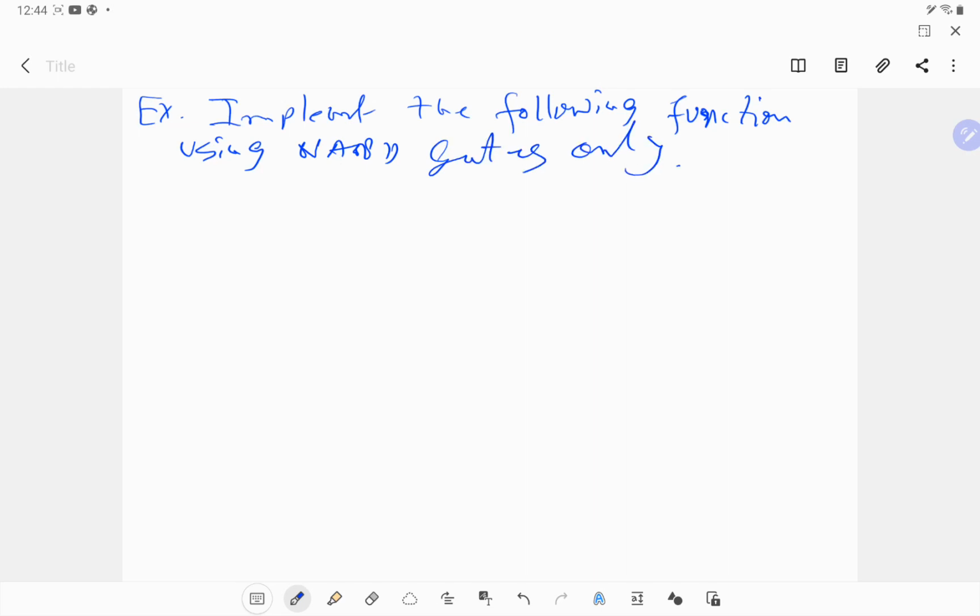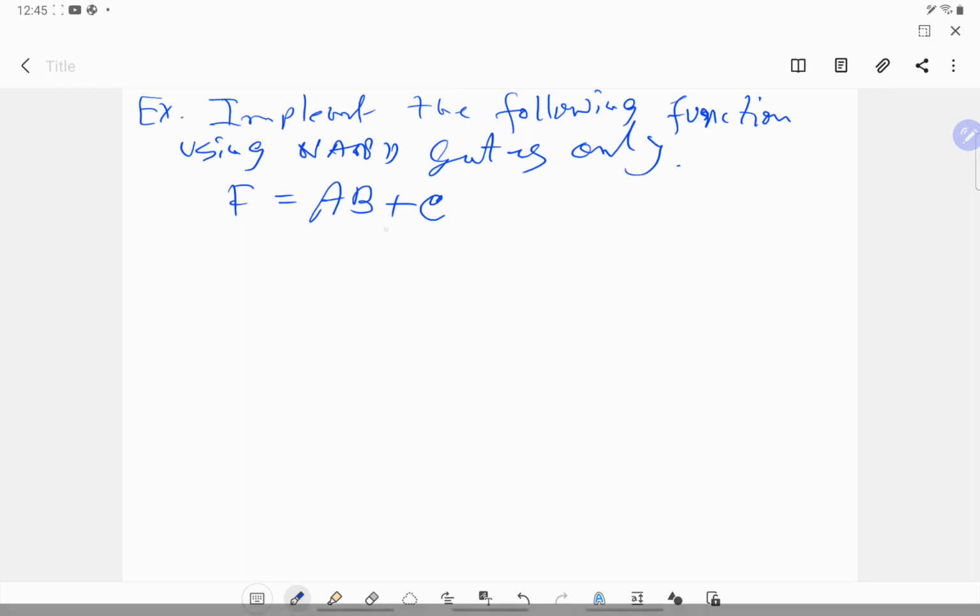What is the function that we have been given? It is f equals AB plus C. And we know that in order to do so, we need to eliminate the OR operations. We have only one OR operation in this function, so this is pretty easy.